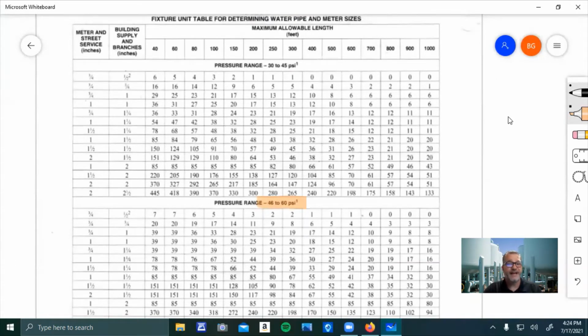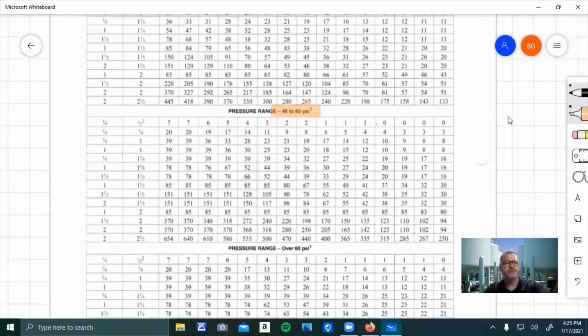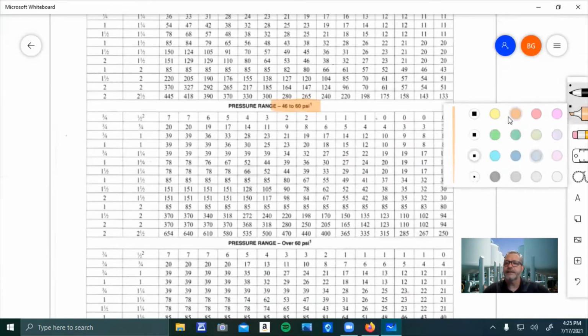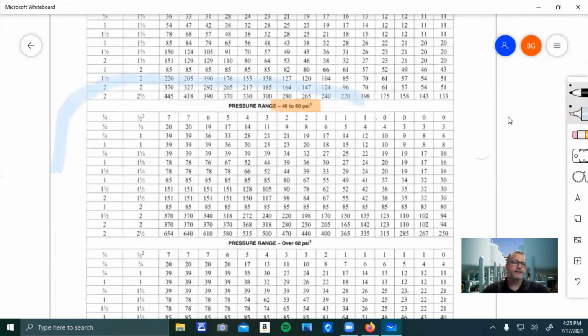Absolutely, it works. So that's what our pressure range is going to be, which means we are going to use the table that's right in, let's highlight that in that color. We're going to use this guy right here. All of this information right there. That's our information.